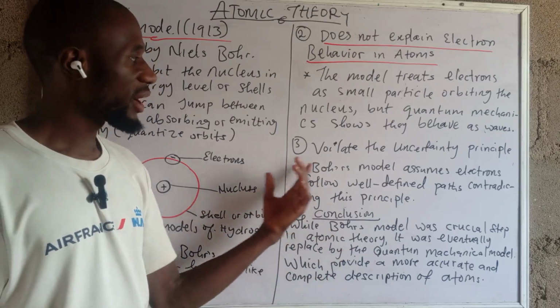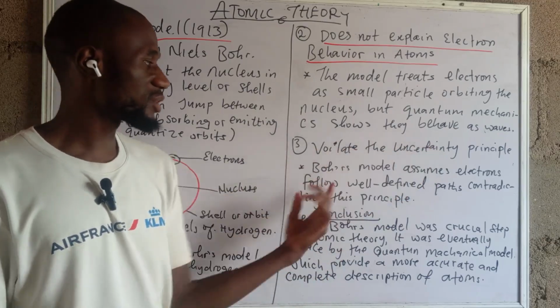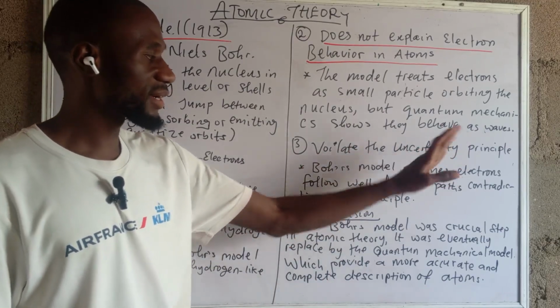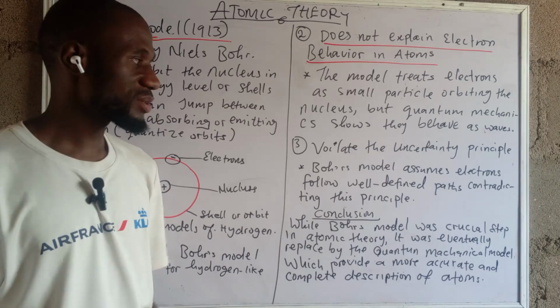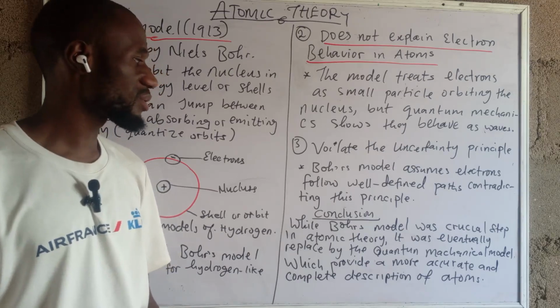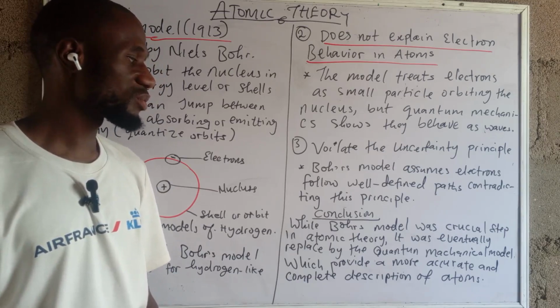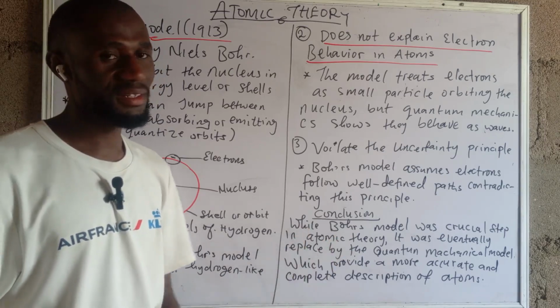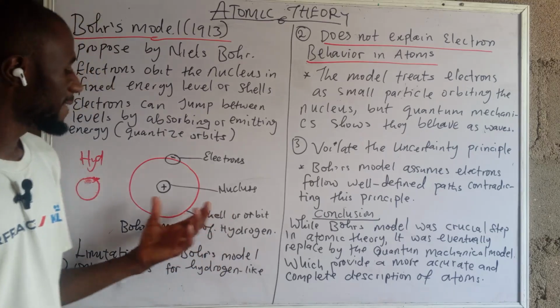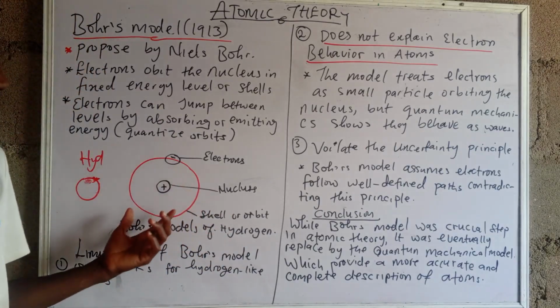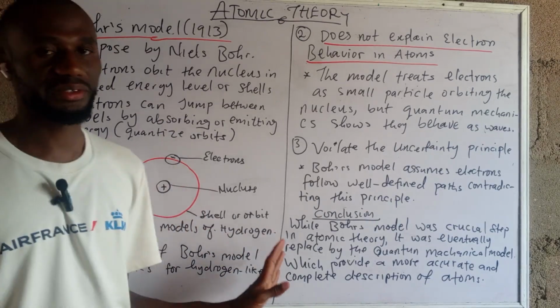Okay, he violated the uncertainty principle. Bohr's model assumes electrons follow well-defined paths, which contradicts the principle. The research carried out by Bohr can only work in hydrogen.